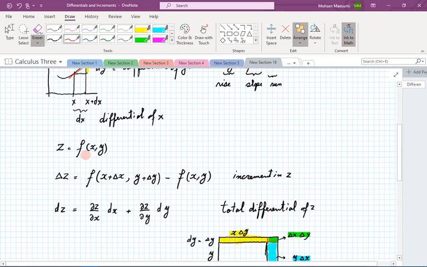Now, if you are using a formula in which the ingredients are measured with a certain degree of error, then the output of that formula is also going to have some error. And then we want to figure out what that error is going to be.